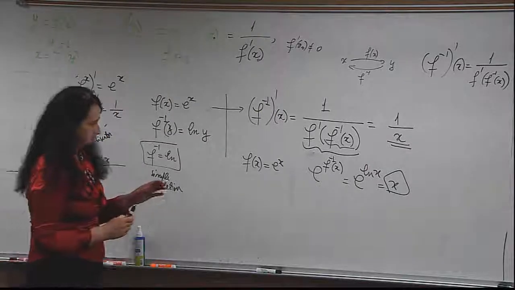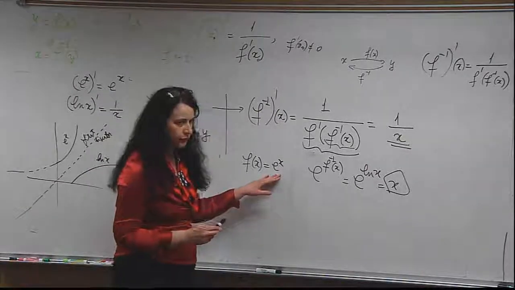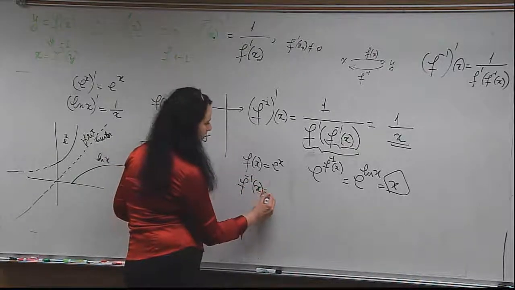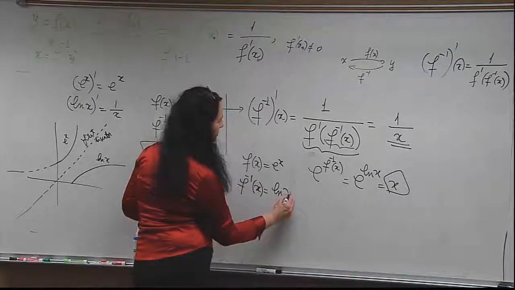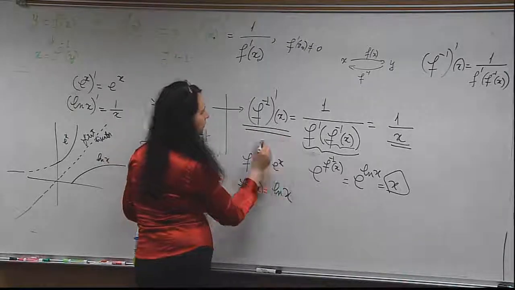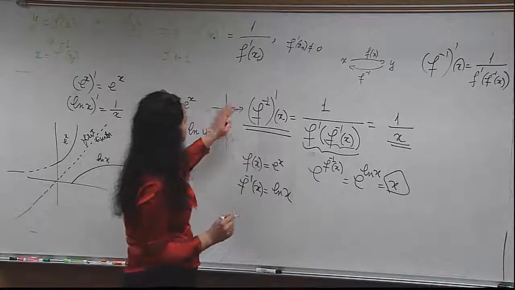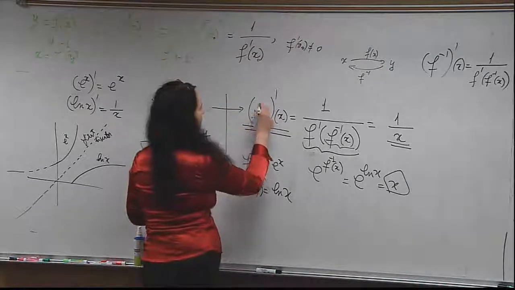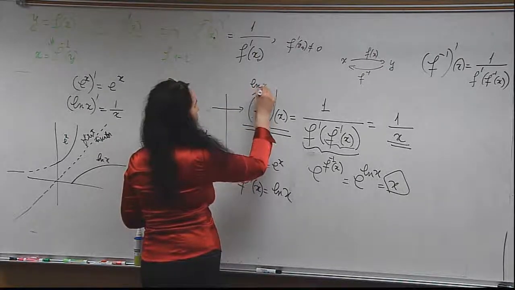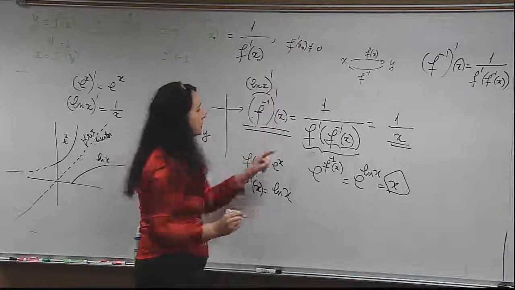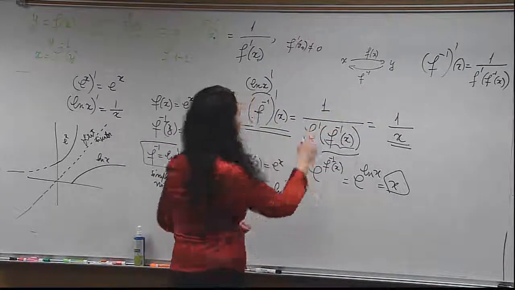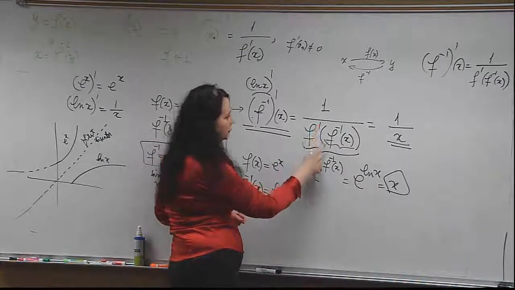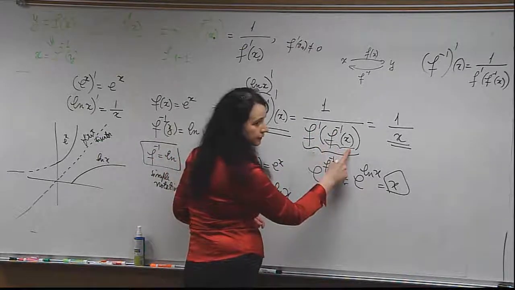So again, if f of x equals e to the x, then f inverse of x is the natural log of x. By this formula, you know that you have to compute natural log of x prime, right? What is this by that formula? 1 over the derivative f prime computed at f inverse of x.